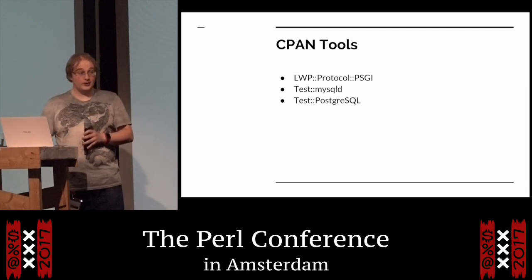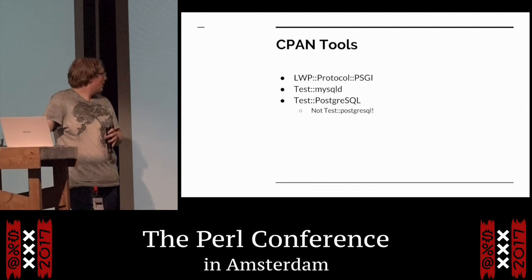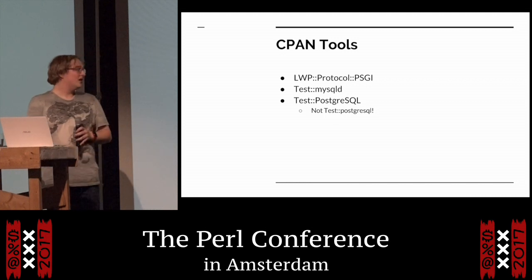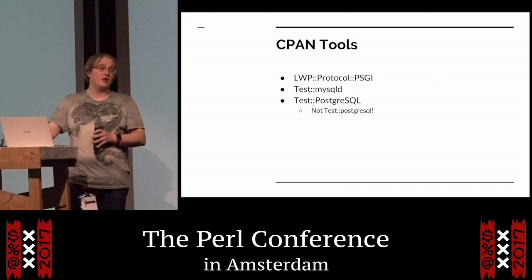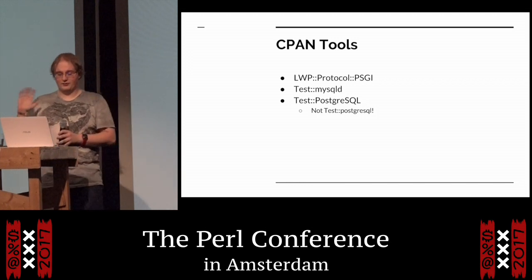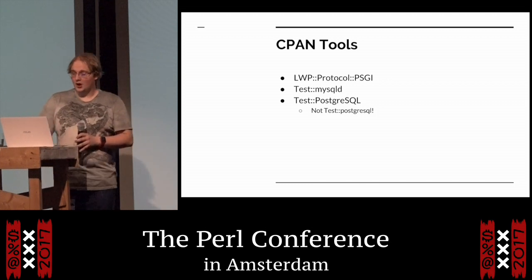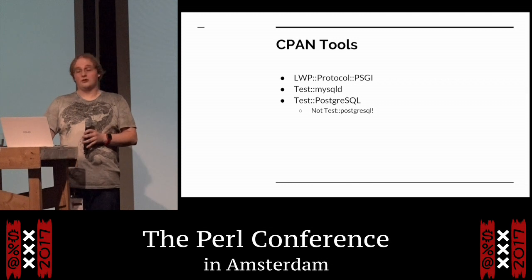Same with Test::PostgreSQL. Not to be confused with Test::postgresql. For some reason we have one with the proper capitalization and one without. The one without is actually an older version, and then they released a version with the correct capitalization, and with MetaCPAN and everything still caching it, you might turn up the old one. I don't know if they fixed that yet or if that's something on their fix list, but yeah.